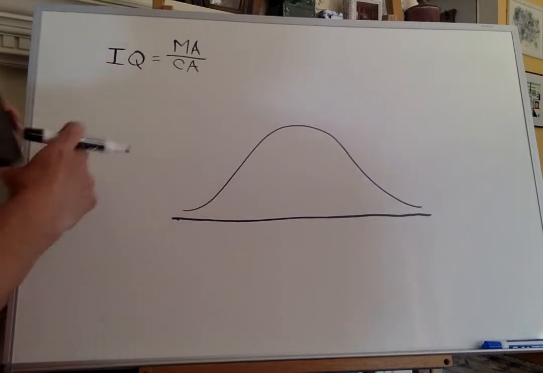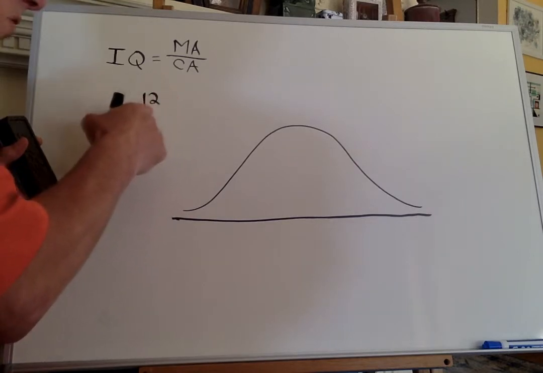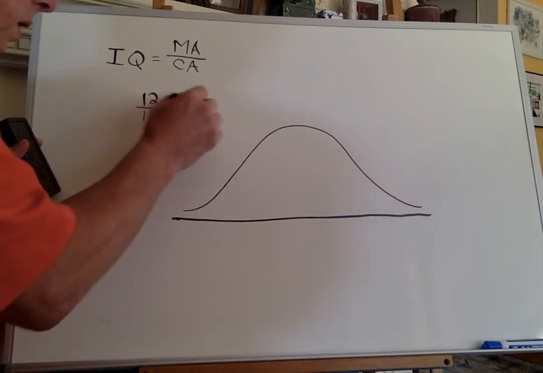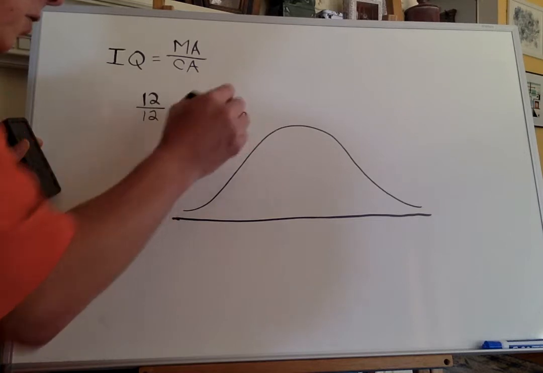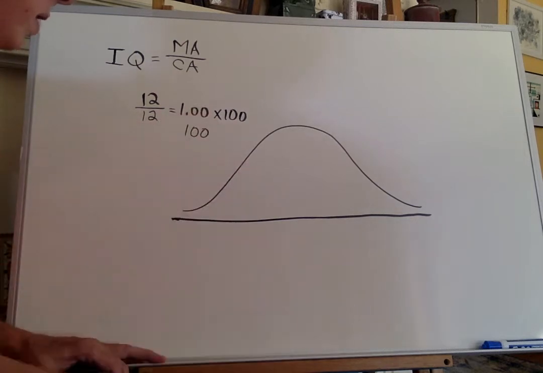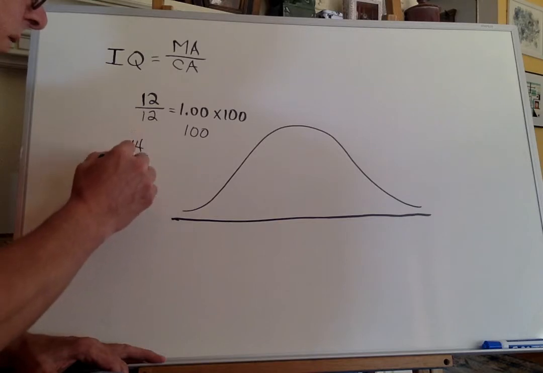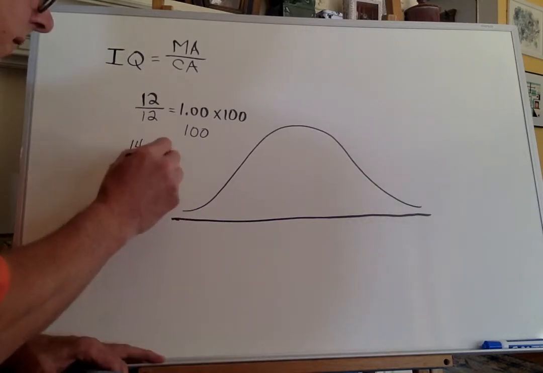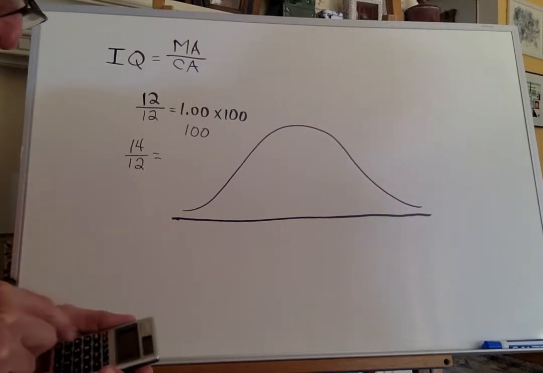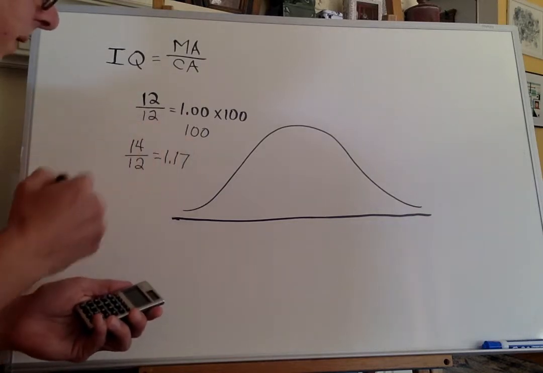Anyway, here's what happens. Let's say you're 12 years old, and your mental age is 12, then that gives a ratio of 1 that's multiplied by 100. I don't know why that is, but then that would give you an IQ of 100. If your mental age was 14 and your chronological age was 12, this would be greater than 1. 14 divided by 12 is 1.17.